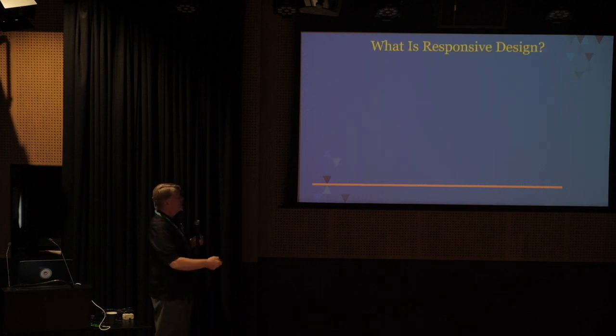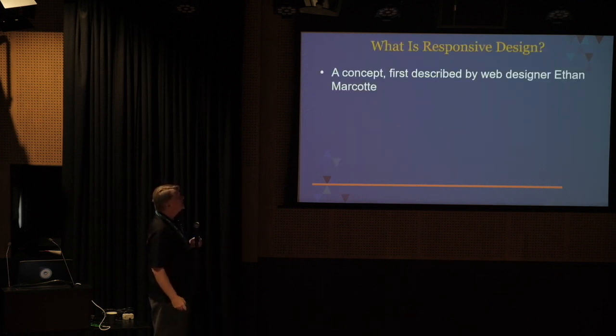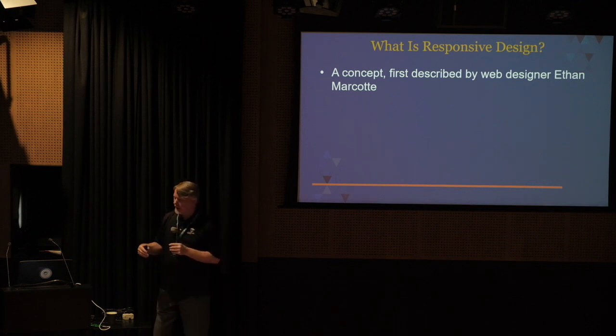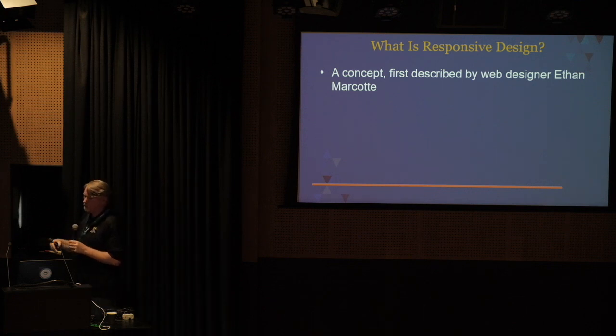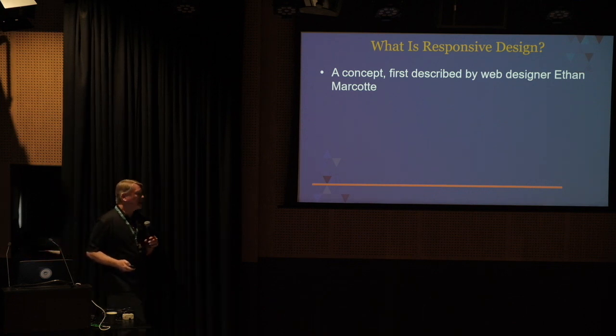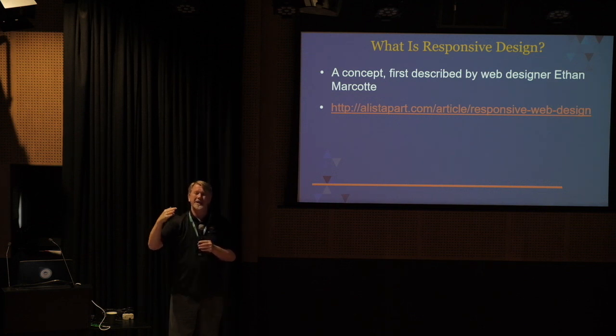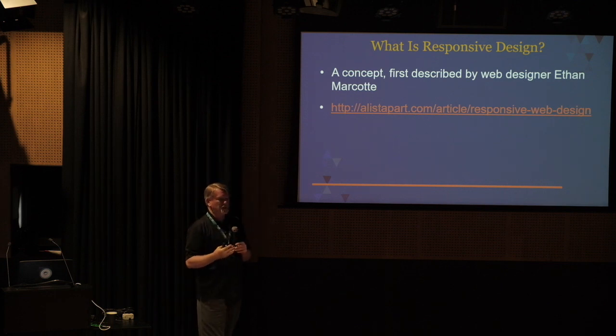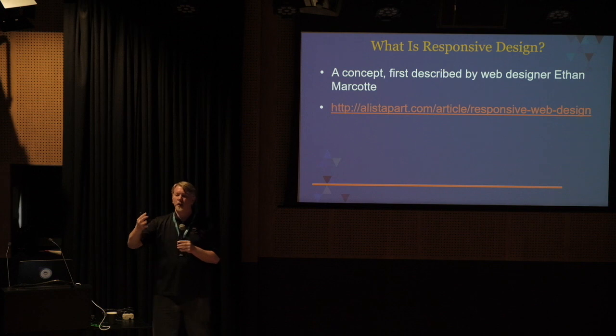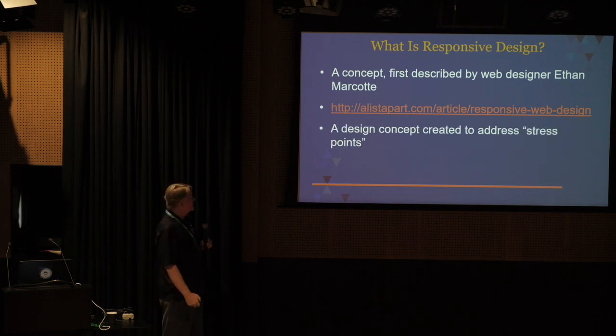All right, so as I said, what is responsive design? Well, it's a concept, and one of the first papers written on it was by a gentleman named Ethan Marcotte, and his original paper is actually published on A List Apart. If anybody wants to look it up, it's dated by today's methodologies, but it was one of the first real research papers that looked at how do we accommodate multiple devices.